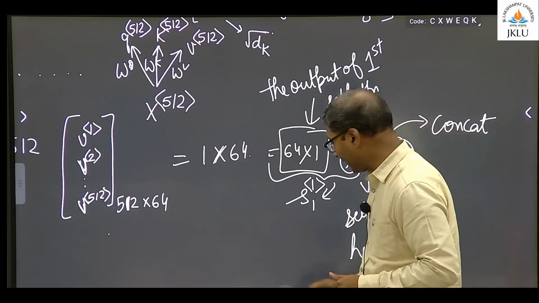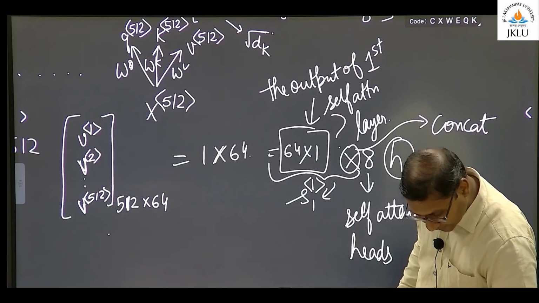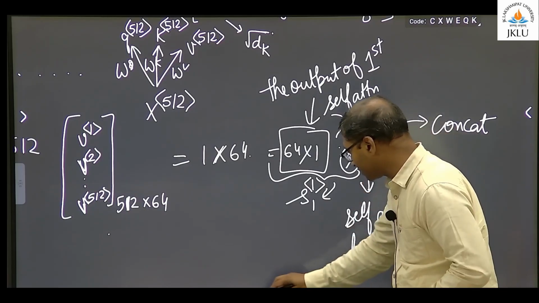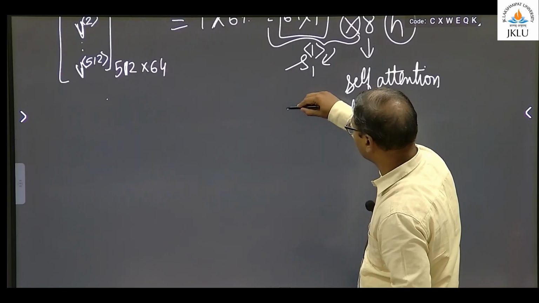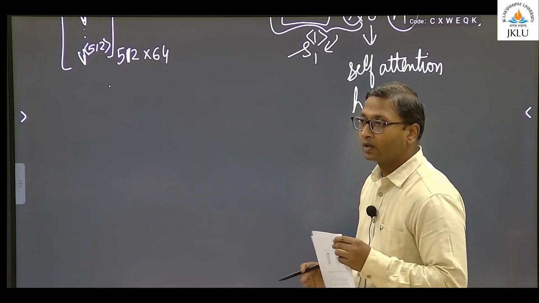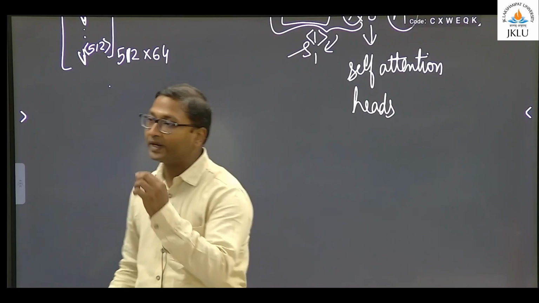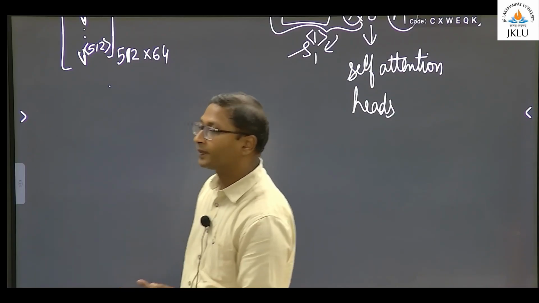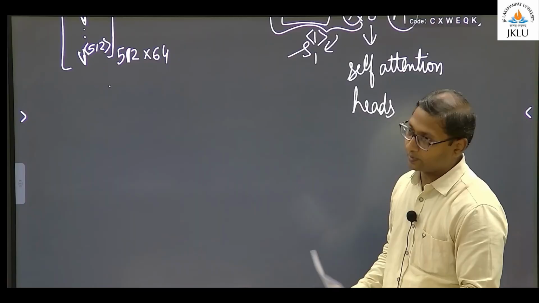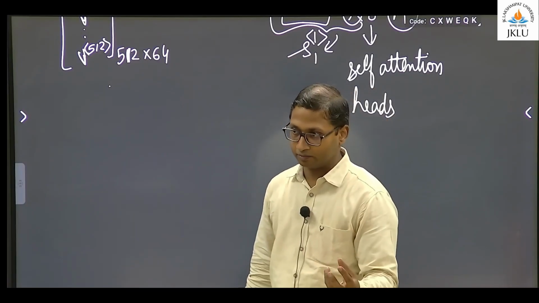Now let us go back. So this is fine. Now the way they draw this one, again I'll draw what they have in the paper. H is a hyperparameter. So how many attention heads you want is a hyperparameter. W's are actually trainable. Hyperparameter is something you don't train, right?